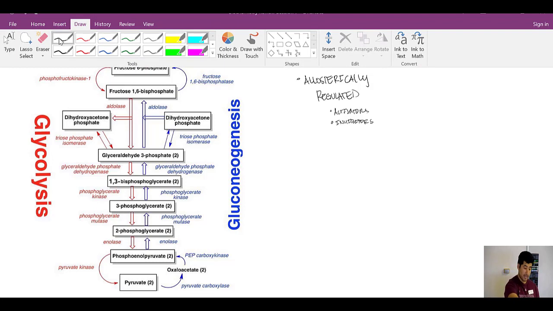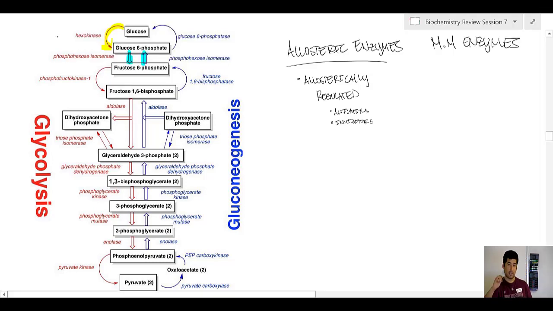And the reason for that is because allosterically regulated enzymes control really exergonic steps of a reaction. So these are regulatory enzymes, and they are regulatory enzymes because their reactions are very exergonic.